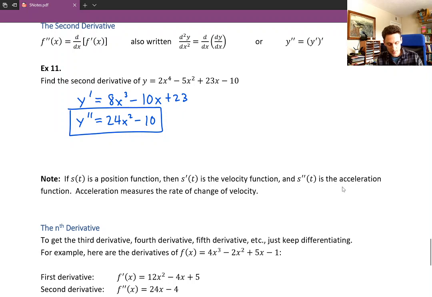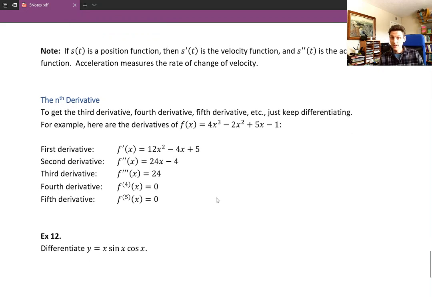This is probably something that you're familiar with. So the second derivative of the position function is acceleration. Acceleration just measures the rate of change of the velocity function. It's how the velocity function is changing over time. So that's a little side note, and we'll circle back around to that in a future packet.